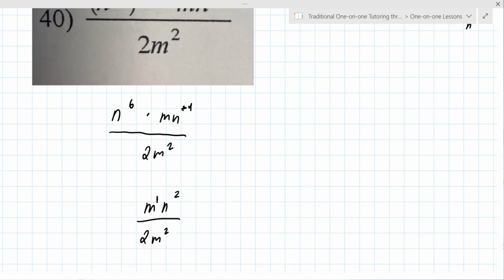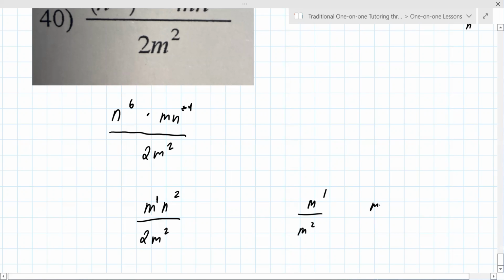Would you subtract the m squared minus the m to the 1? So it's m to the 1 divided by m squared. That becomes m to the 1 minus 2. You always subtract, like if it's positive, you put that subtract between them. So it becomes m to the minus 1.